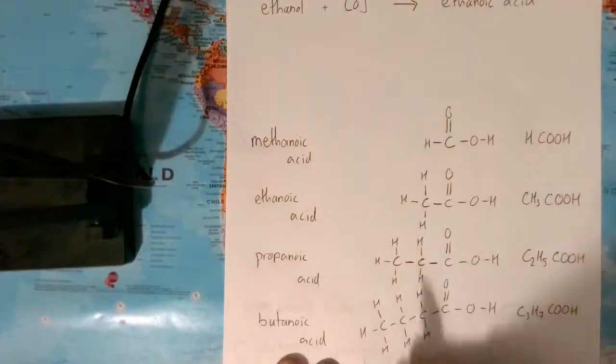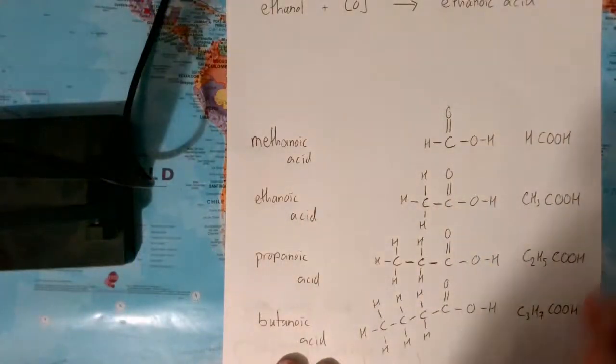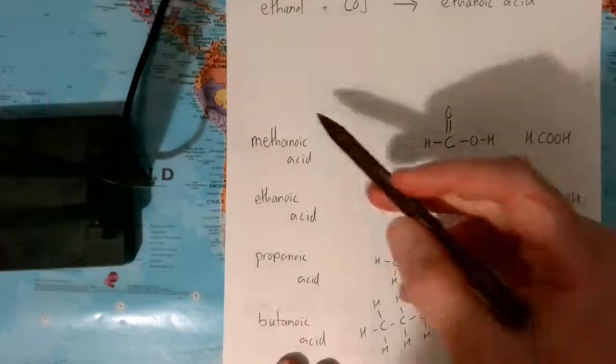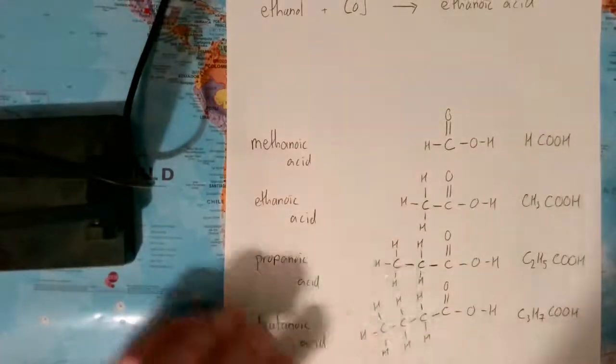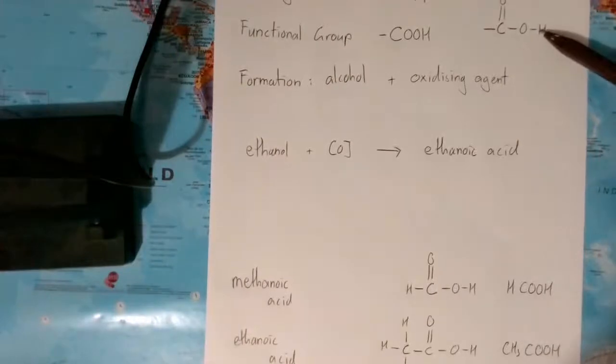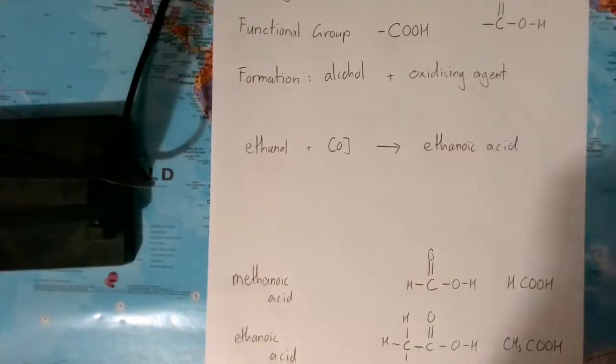So that's the first thing you need to know, the formula and the name. You need to be able to recognise these 4. They continue after this with 5 carbons with pentanoic acid and then hexanoic, but for AQA they just want you to know these ones. So know what your functional group is, and know that they were formed from alcohol, and you've got the first part of this.